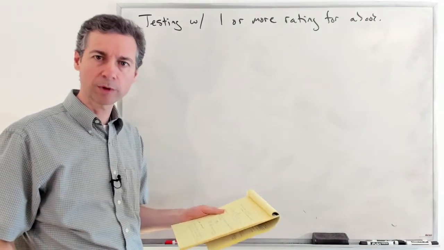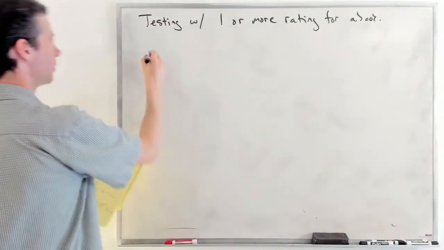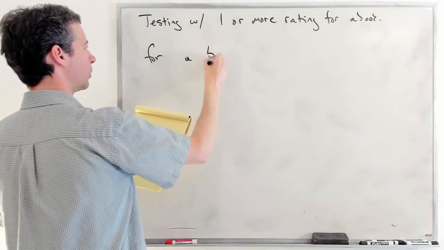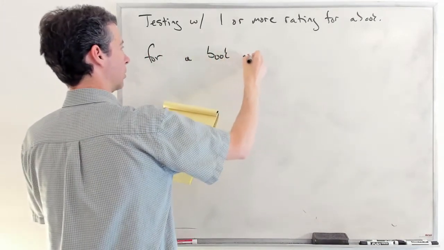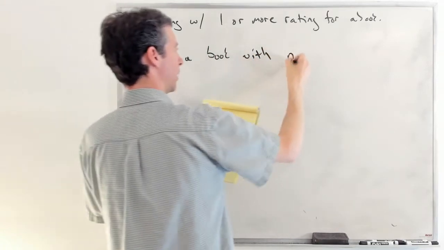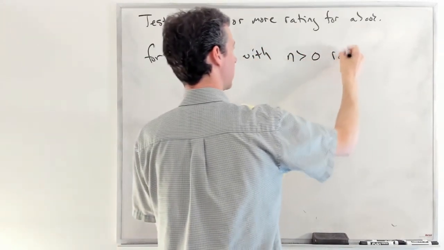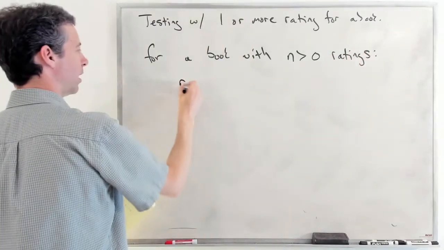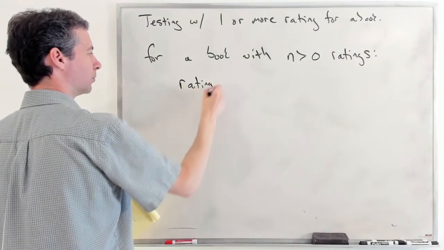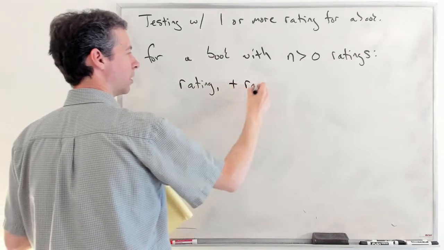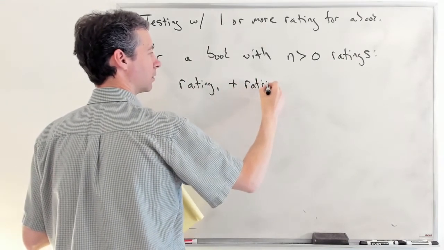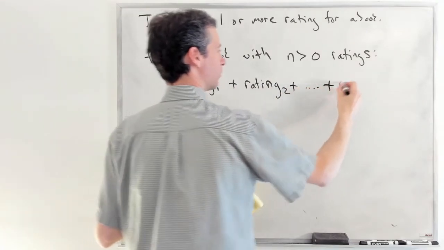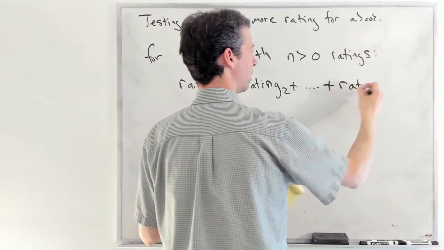So just so that we remind ourselves, we're basically going to have something where we go for a book with n greater than 0 ratings. We're going to have a rating plus a rating, and so forth up to n ratings.